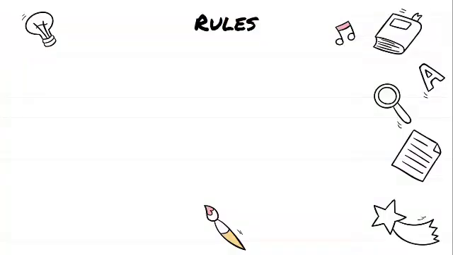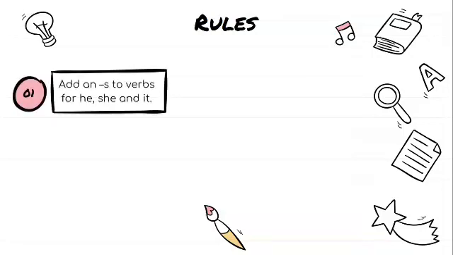Here we have some rules about the present simple tense. Okay, so we are going to see the first one. And the number one we have here, add an S to verbs for he, she, and it. Ok, como les estaba dando los ejemplos, por ejemplo, I do my homework, or I drink water, or I walk every day.